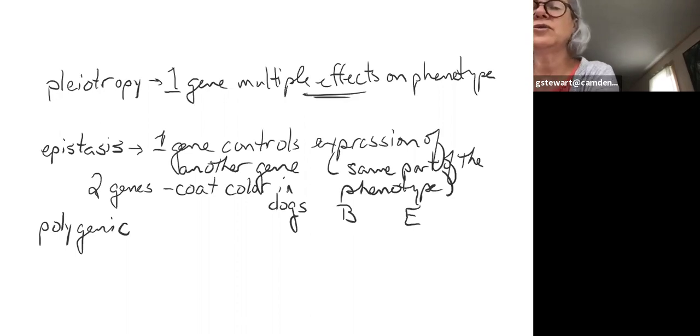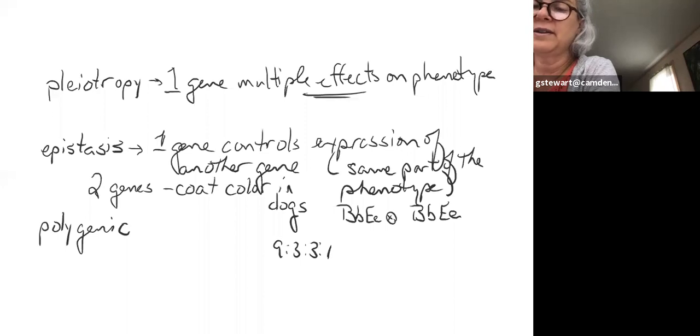And if you take 2 heterozygous parents, so big B, little b, big E, little e, and you cross them, in the F1 generation, we would normally expect 9 to 3 to 3 to 1, right? We would expect 4 phenotypes, and it turns out this would be black and brown and yellow, maybe, and completely albino.